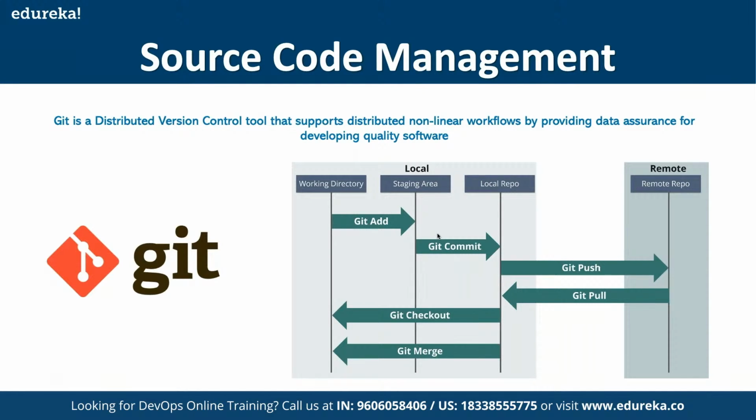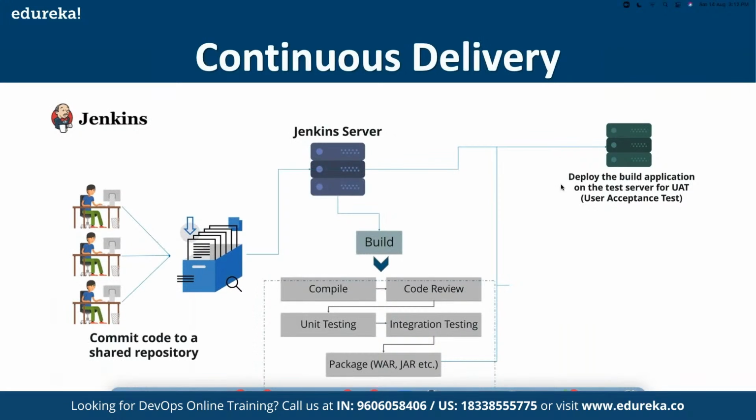Now we are going to discuss how we can set it up even further. In terms of continuous integration, we have discussed that different developers can submit code to a centralized repository that can be pulled by a Jenkins server, and a build can be created.